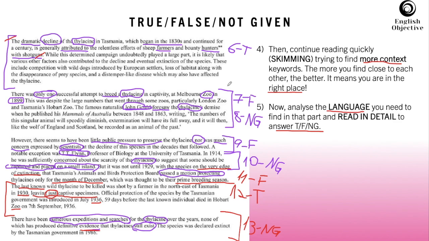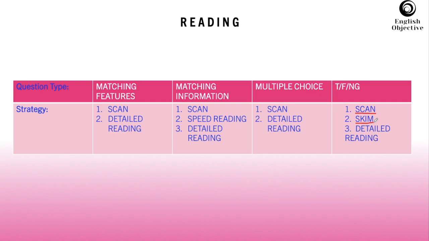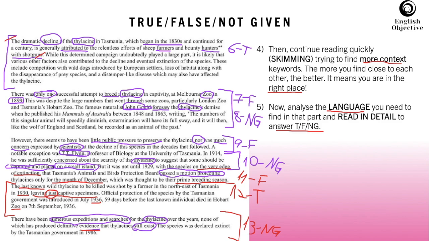I don't have to read about everything. Once I find all my context keywords, I would have to read carefully, looking for language points, which will give me the answer for the true false not given.